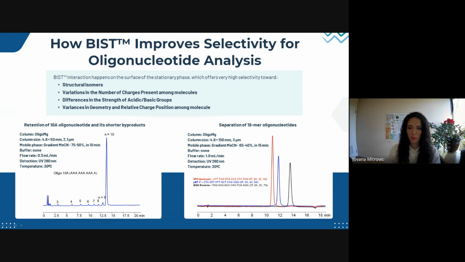No salt, no buffer, no ionic modifier. So together, these examples highlight how BIST technology enables fine-tuned separation based on both structure and composition using simple organic gradients. And this level of selectivity is especially useful for applications like synthesis monitoring, purity checks, and impurity profiling of oligonucleotides.